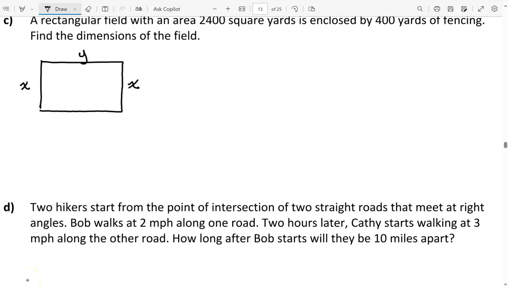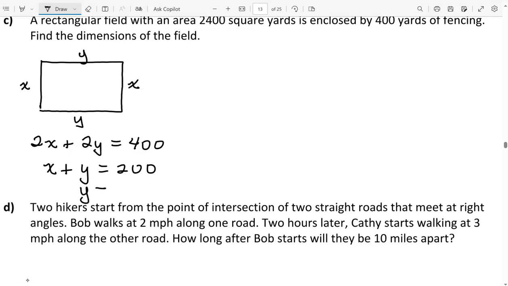I've drawn a picture here so that we can visualize 4 sides, and 2 of the sides labeled x, 2 of the sides labeled y, and we do have some information here that there are 400 yards of fencing, so 2x plus 2y totals to 400. Everything here is divisible by 2, so let's just go ahead and do that to simplify. And so that means x plus y is equal to 200. Well, that means if we solve for y, y is 200 minus x. We're just going to hold on to that piece of information.